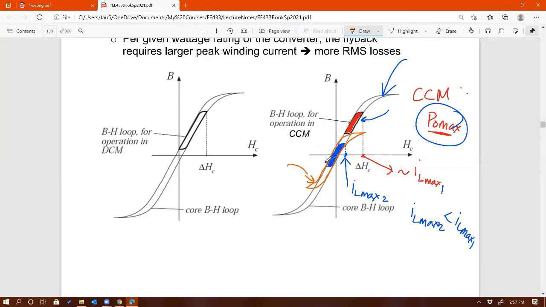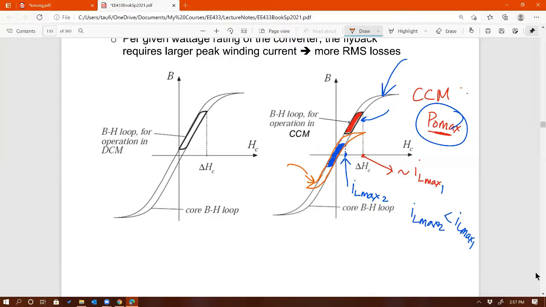The current is still positive, but that current, when it goes through the winding, produces negative flux. Okay, got it. I think we'll wait until you get to the one that has 4 quadrants, so that you'll know. Okay, thank you.